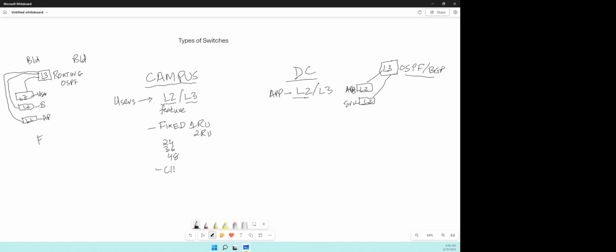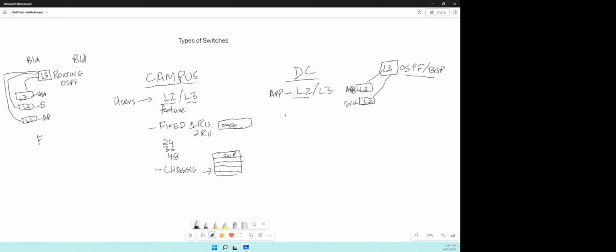You have chassis based where you have a big chassis where you put in the supervisor, called sup, and then you put in the line cards depending on number of ports you need. So this is chassis based. The 1 RU, 2 RU fixed switches are pretty much looking like this.